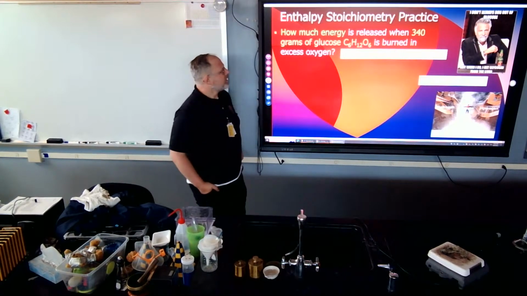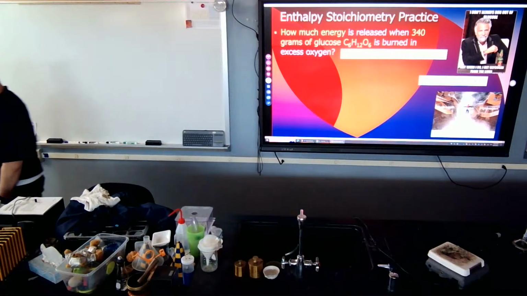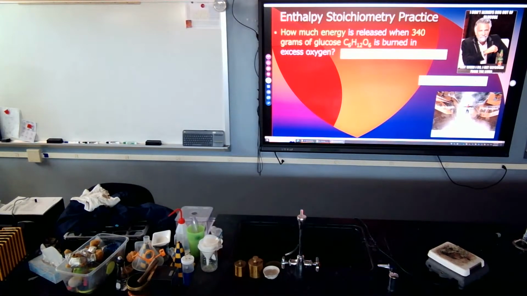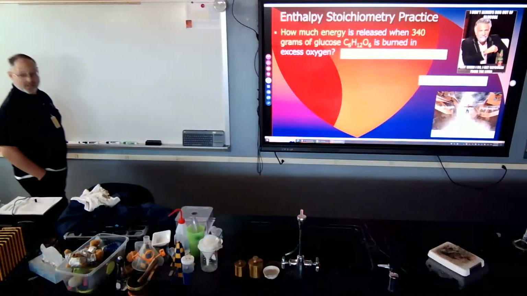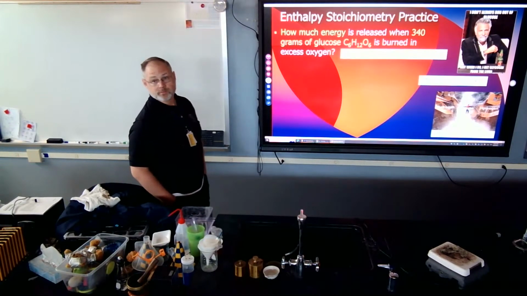All right. Now, because heat can be treated like a product or a reactant, we can also do stoichiometry based on energy. So take a look. The question is simply this: how much energy is released when 340 grams of glucose is burned in excess oxygen?